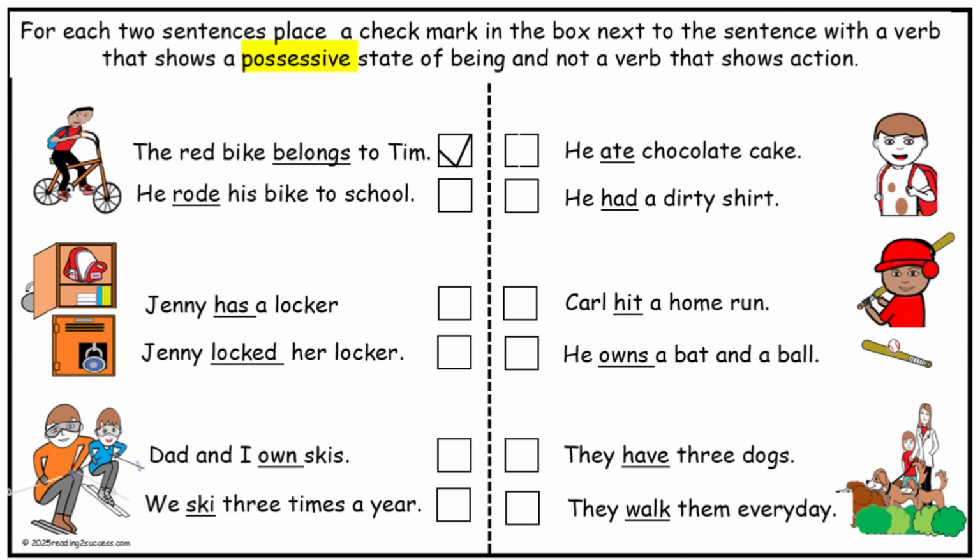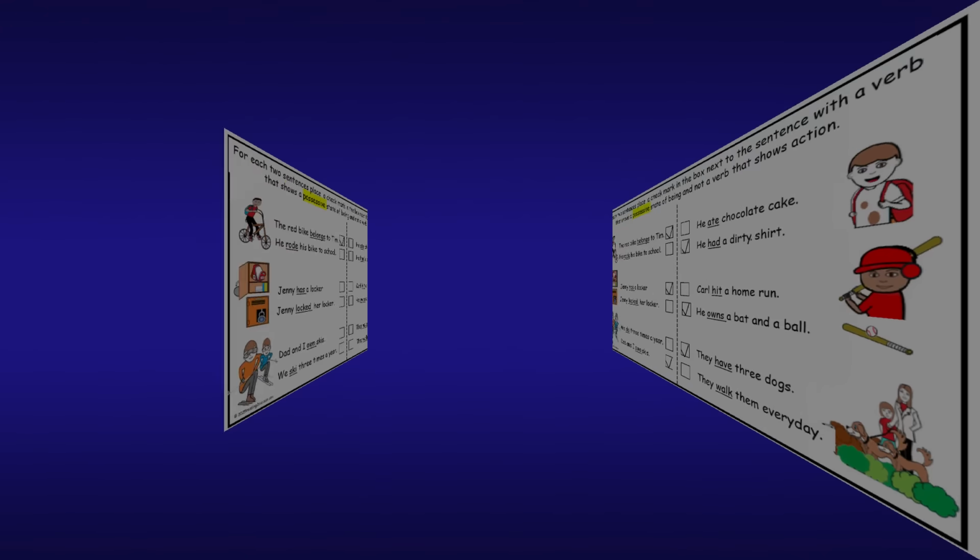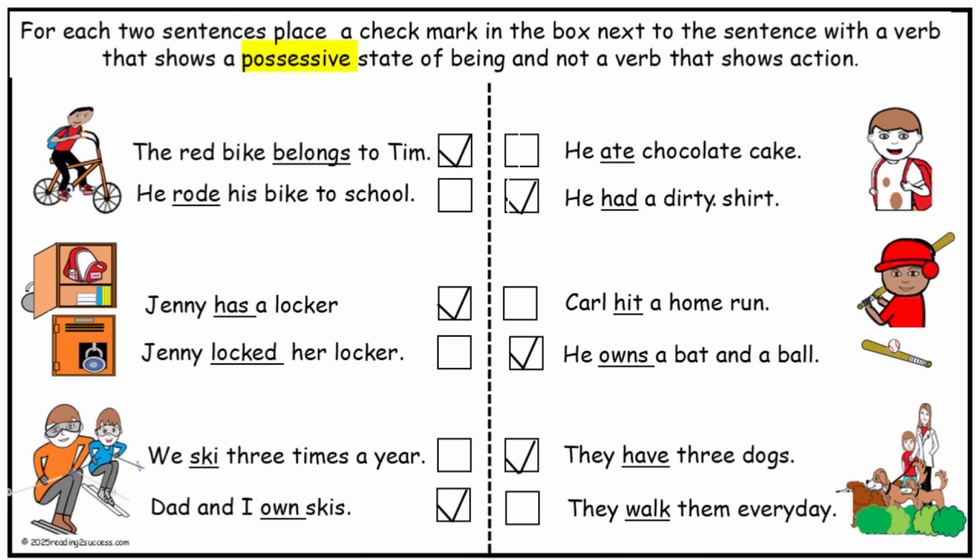The first one is the sentence that was modeled by you using the template. Now have the kids finish all the rest of the sentences. When kids are finished with their practice page, then review this completed page with the correct answers.